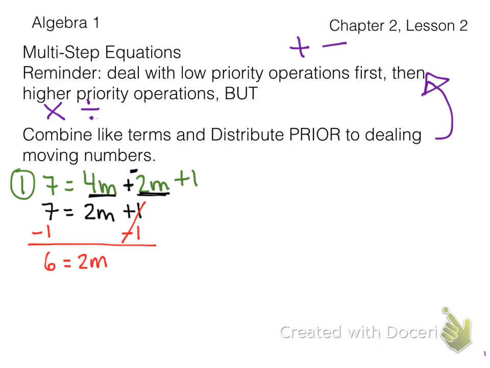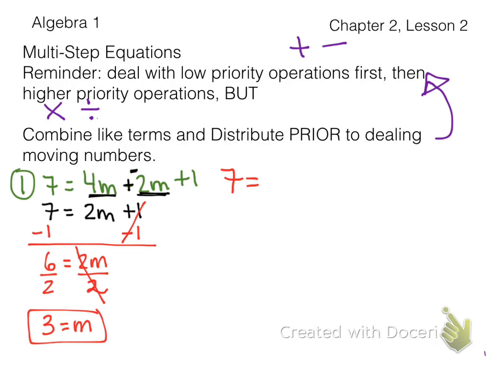What's the opposite of multiplying by 2? Dividing by 2. What I do to one side, I have to do to the other. The 2's cancel out, and that leaves me 3 equals m. And you can always go back and double check your answer using the original problem.